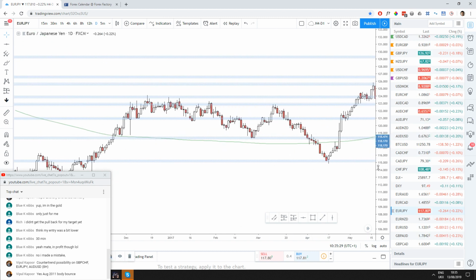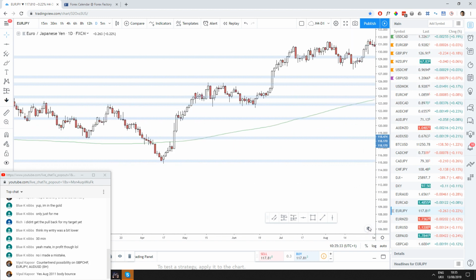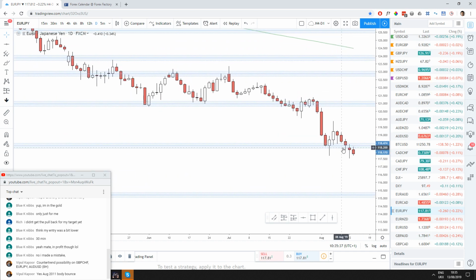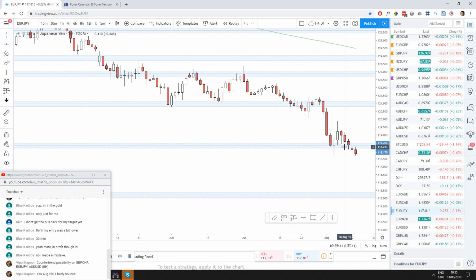I'm just redoing my support resistance here. Right, I see where you're getting at, but I think this is below support, man. I don't think your support area is that good.